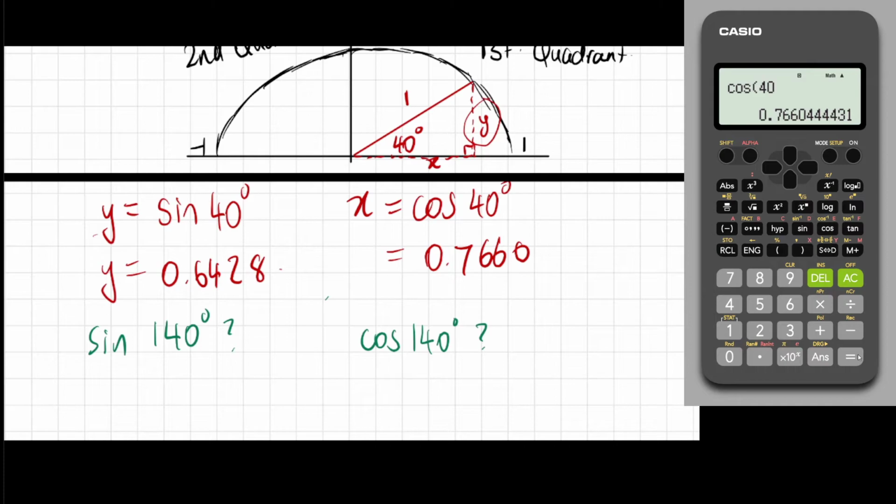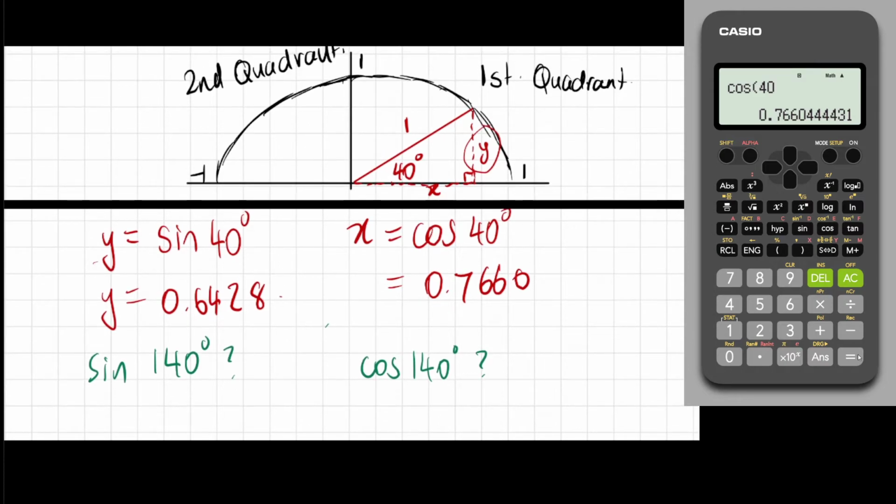Well, let's think about where this would be situated in our diagram. So we've got the 40 degrees, it's from here to here. We're going anti-clockwise around from where the x is equal to 1. So we're starting out here, looking out this way, and traveling in an anti-clockwise direction around that way.